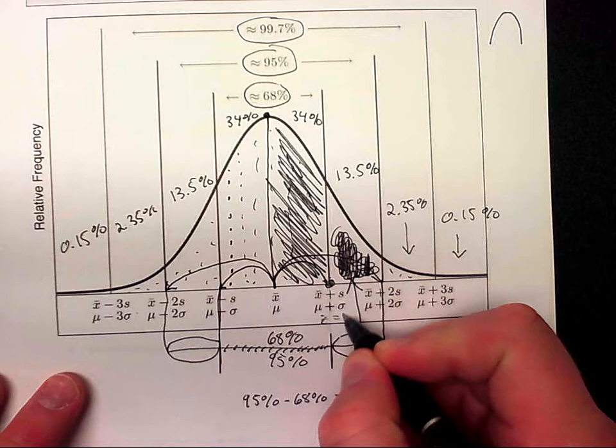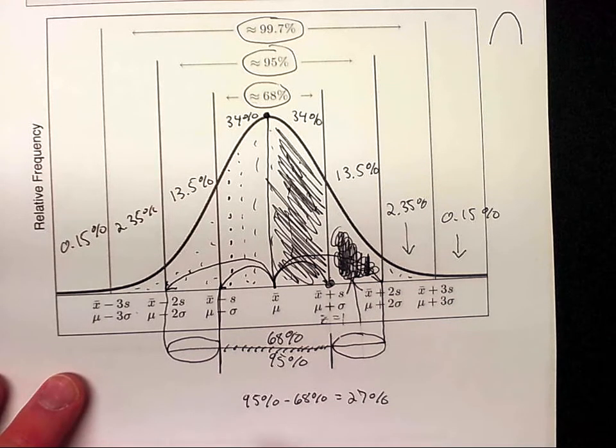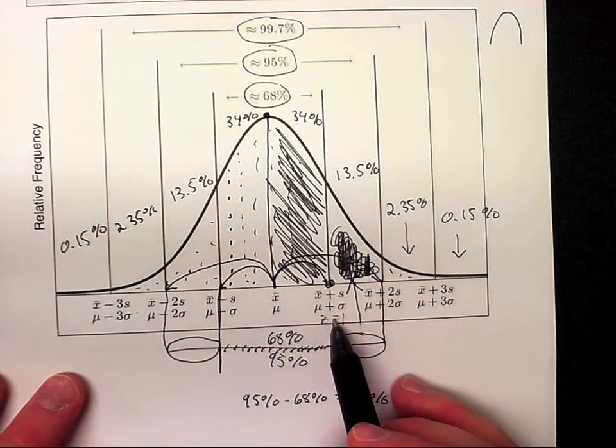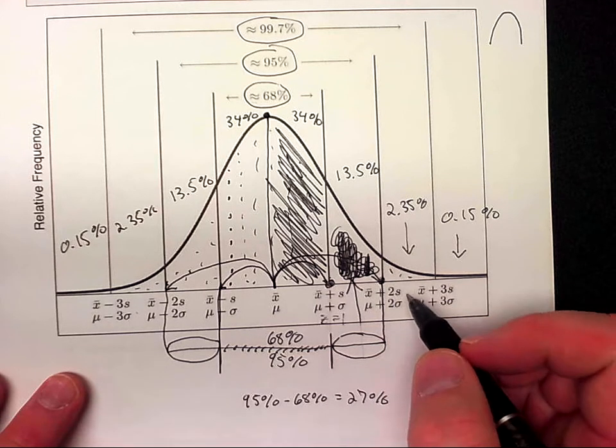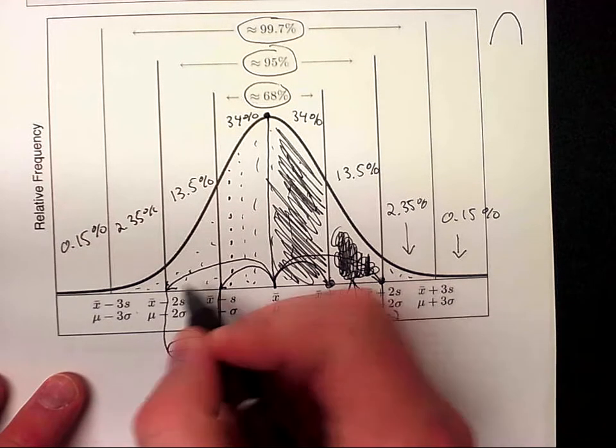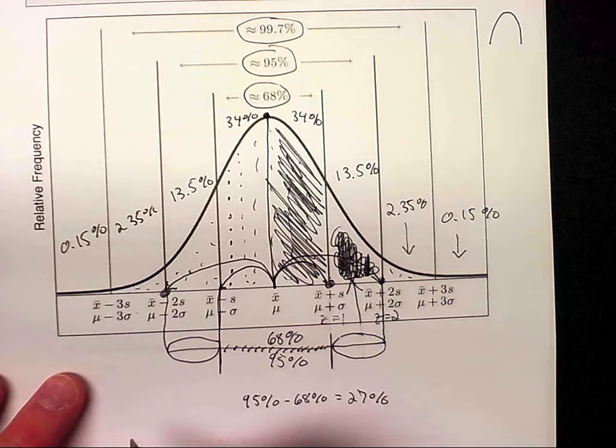This has a z value of 1. Why is it a z value of 1? 1 standard deviation above the mean, right? This spot right here has a z value of what?